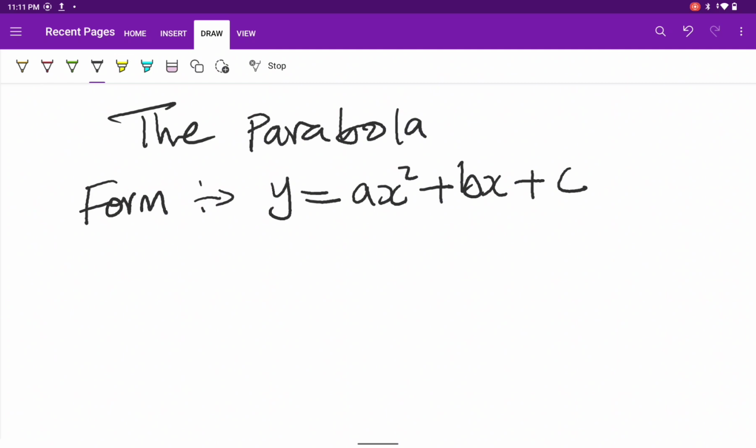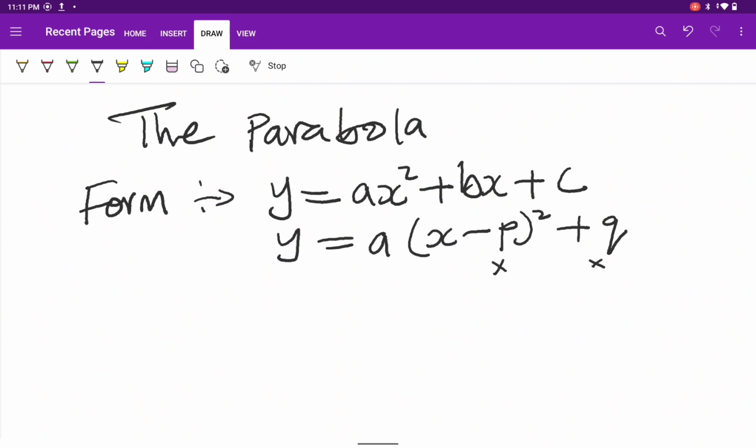The other form is y equals a times (x minus p) all squared plus q, whereby the p and the q are the coordinates of the turning point. So that's where our graph is going to turn when the equation is in this form.